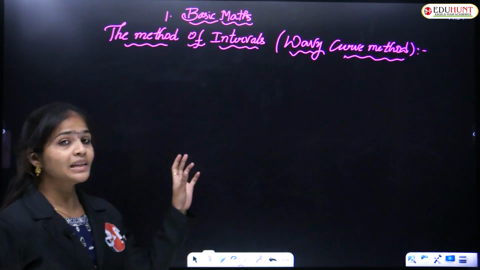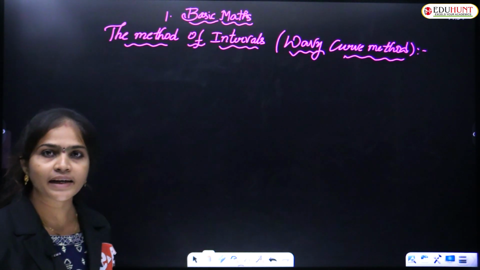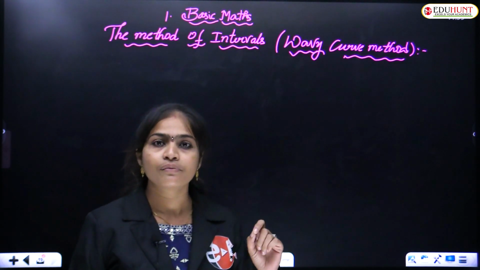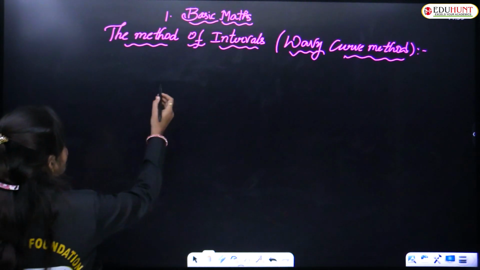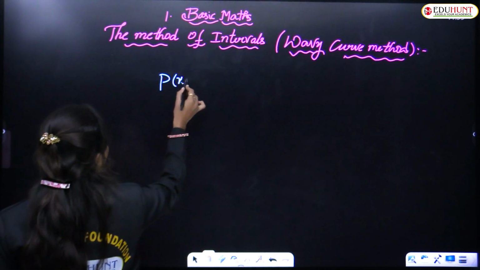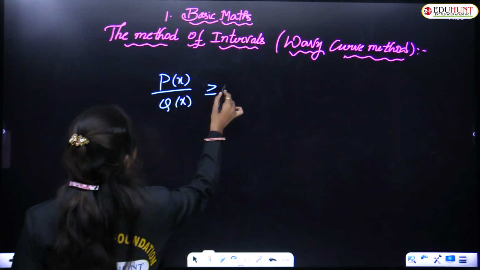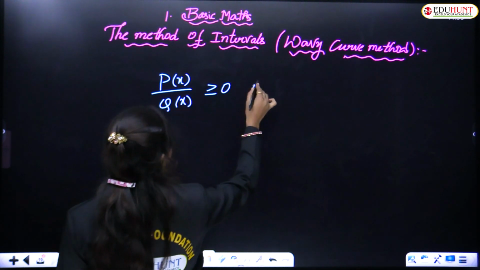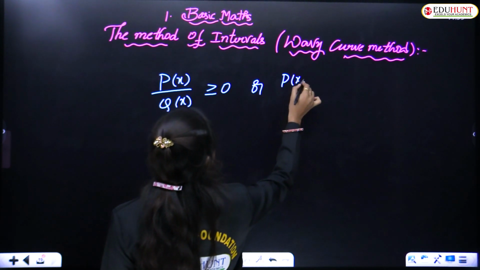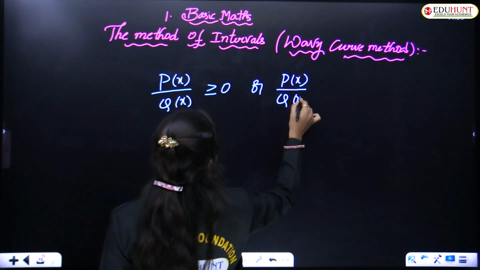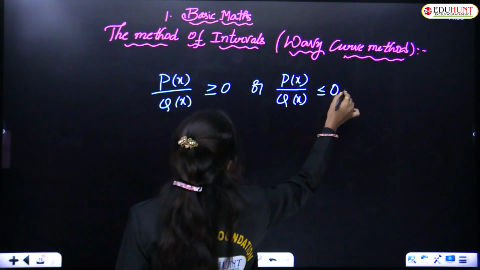What is the use of this method? By using this method we can find the intervals of inequations which are in the form of p of x by q of x greater than or equal to 0, or p of x by q of x less than or equal to 0.